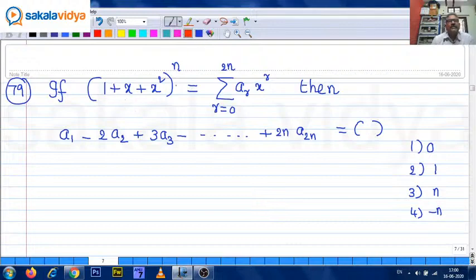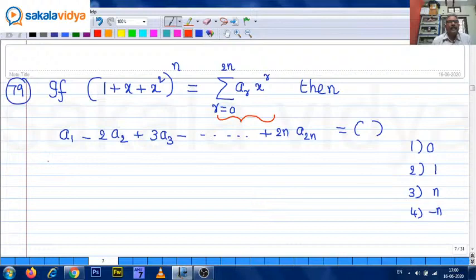Now, 1 plus x square whole to the power of n expansion is equal to sigma r equals 0 to 2n of ar x to the power of r. First, let us expand this and equate it to 1 plus x square whole to the power of n.